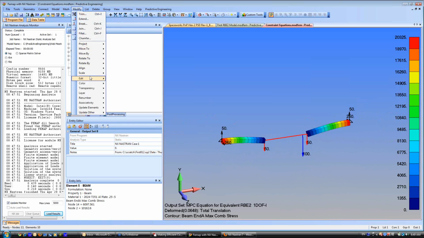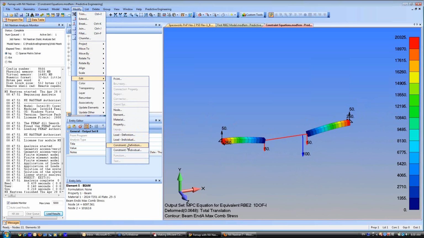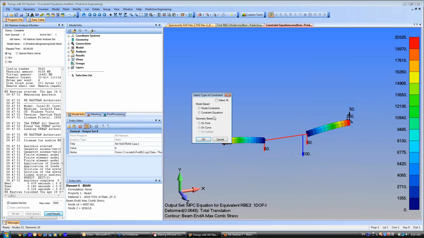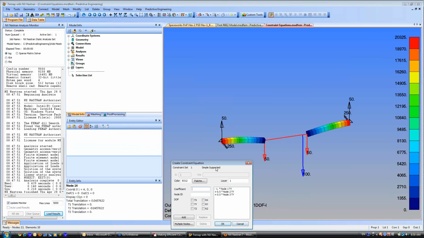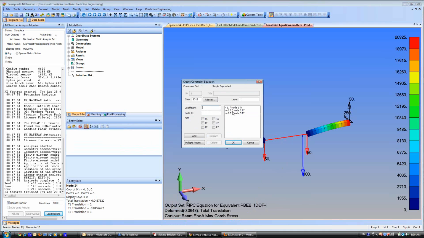And if we wanted to modify, edit, constraint, individual, constraint equation, there's only one. I'll just select all. And that is the constraint equation. Like that. I mean, they're not hard to set up. It's just tricky the first time you do it.